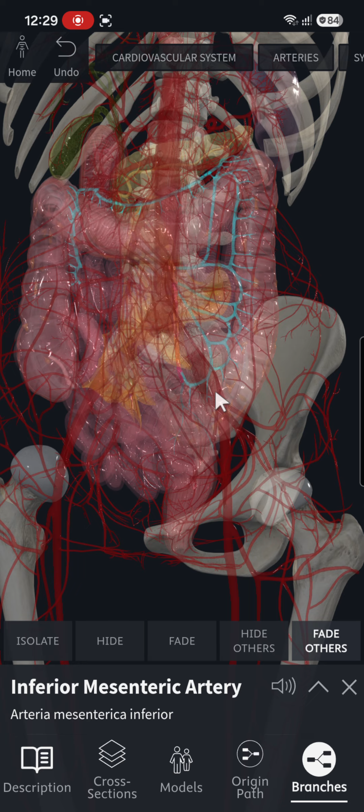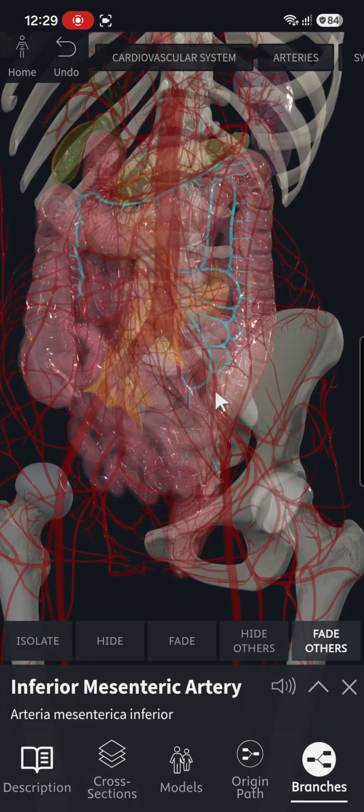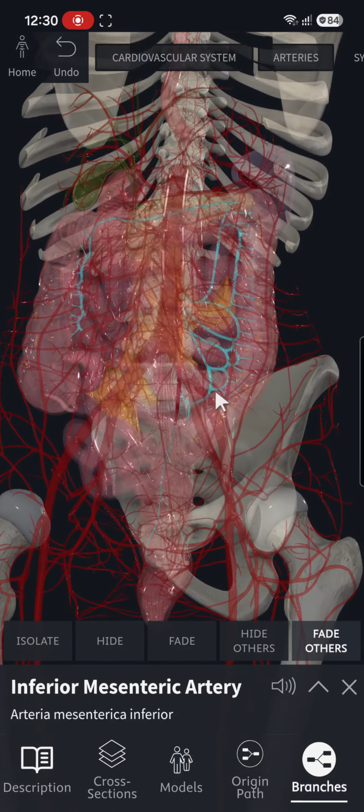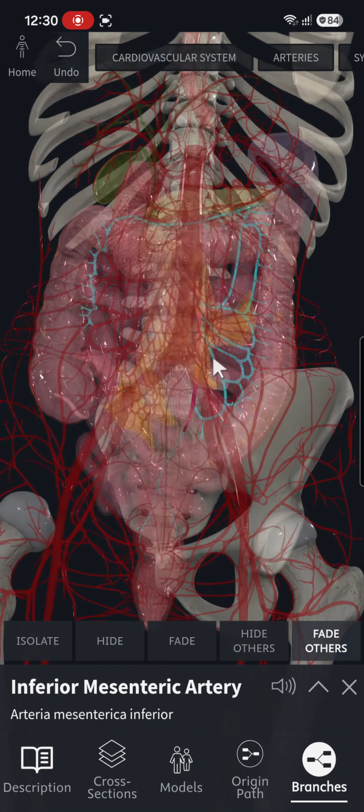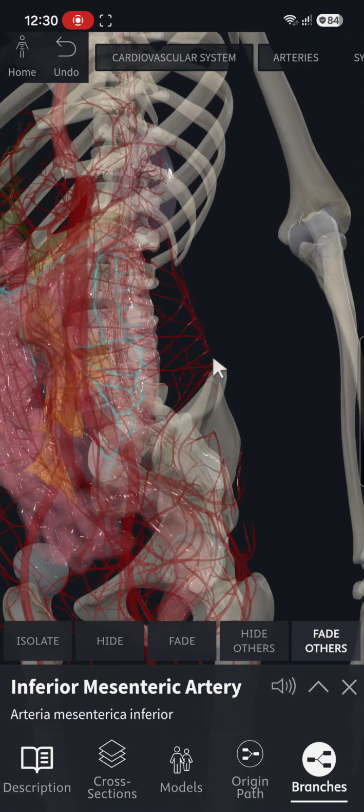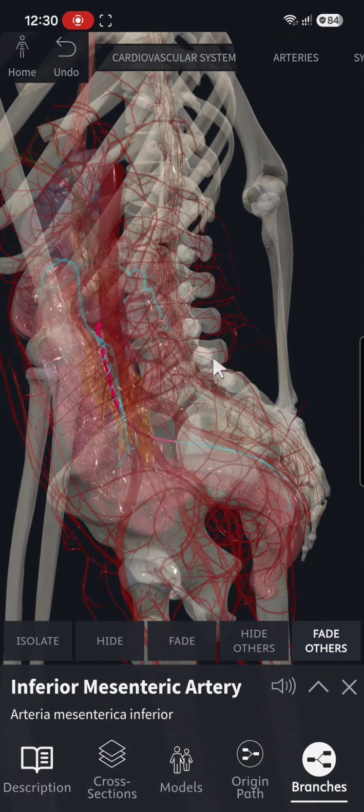So between L1 and L3, we have pairs of vessels, right, that are lumbar arteries, that supply the lumbar vertebra, okay? So these are the arteries that are between the superior mesenteric artery and the inferior mesenteric artery, right? And then at the bifurcation of the aorta into the two common iliacs, we have a small branch which is the median sacral.